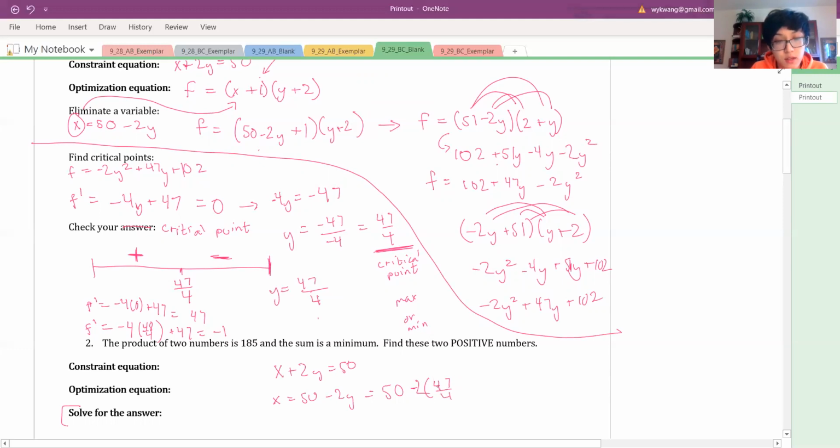Minus 2 times 47 over 4. Which, to be honest, I don't know what that's equal to. I'm going to do the calculation really quick just so we can get an answer.